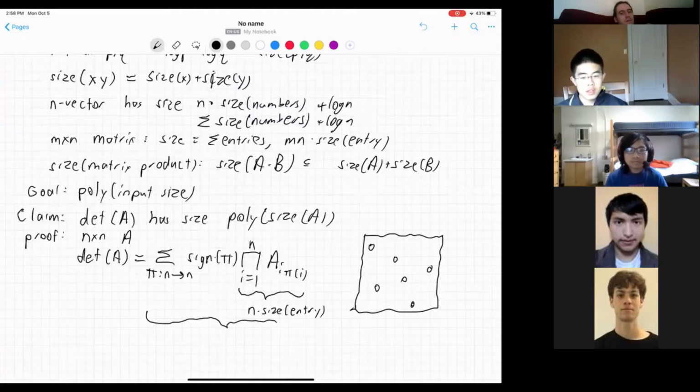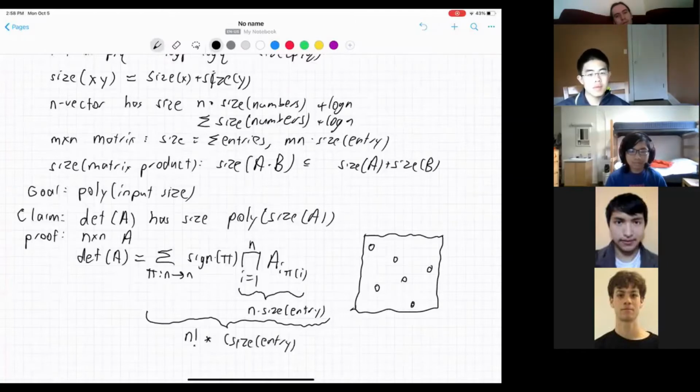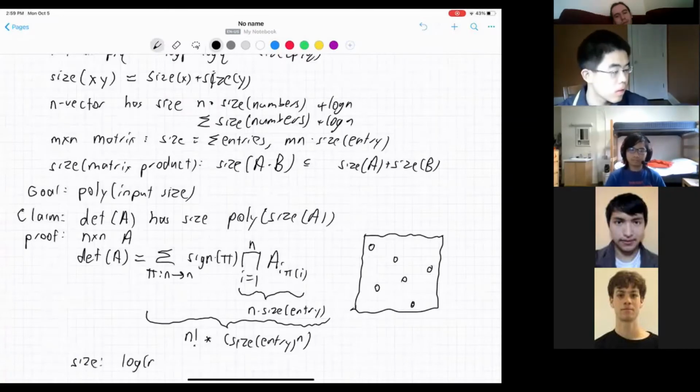So here, we're basically looking at a number whose value is n factorial terms, times the size of an entry to the nth power, right? That's the size of the number that we're going to deal with. But, you know, we're counting bits, so we take the log of everything. So the size is the log of n factorial.